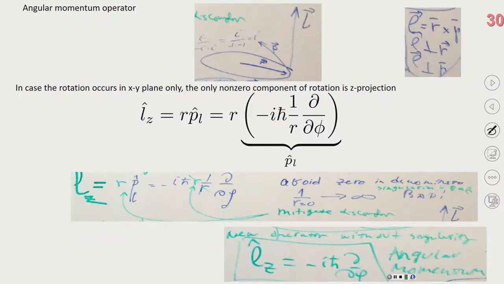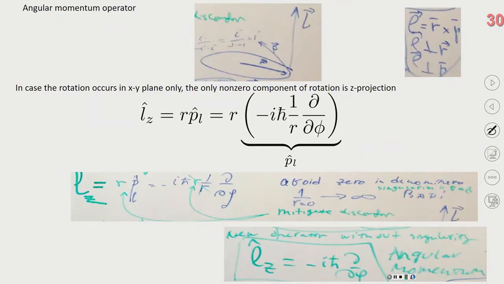There will be no components for x and y angular momentum. Therefore, we select this simplification. And if the angle between radius and momentum is, I shouldn't say 90 degrees, because degrees is not our choice, pi over 2, right angle.